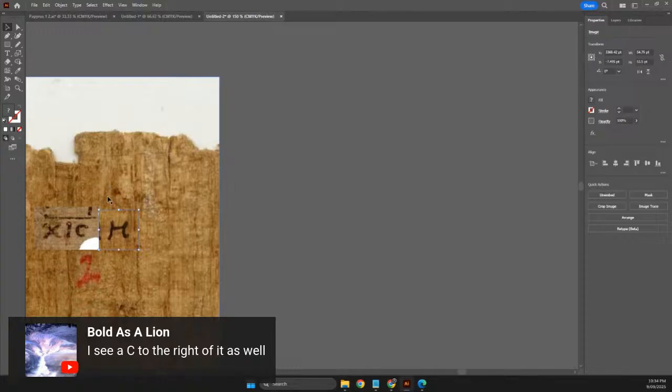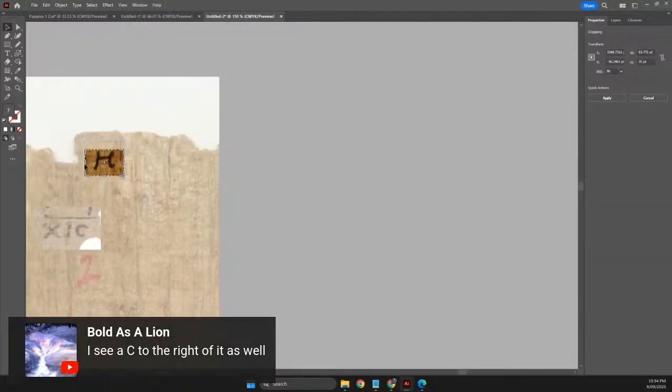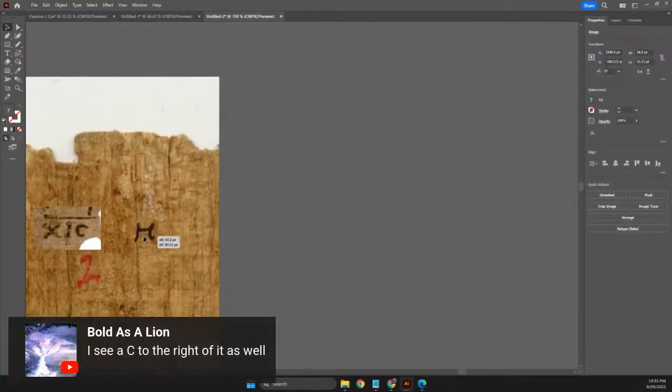I guess the thing is, I can see that there could be lettering after it. I'll actually crop that a little bit more so we can squeeze it right in. Okay, so sort of like that.